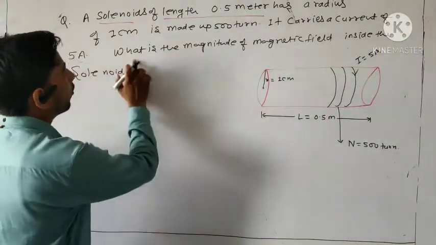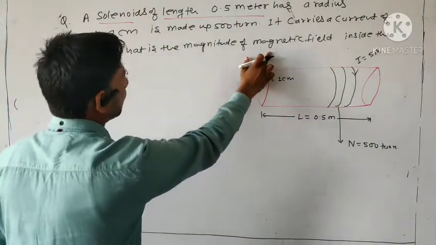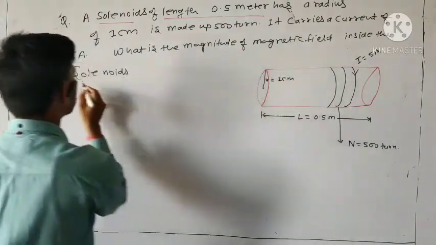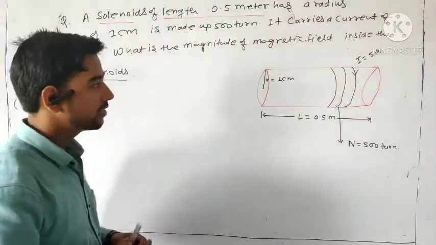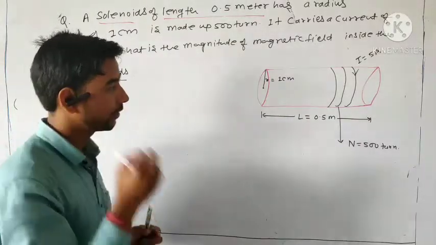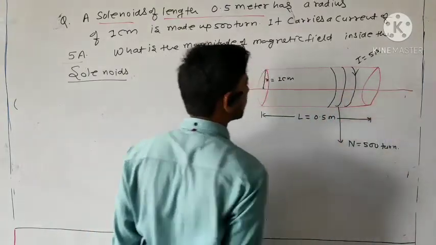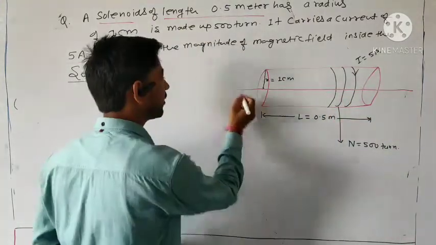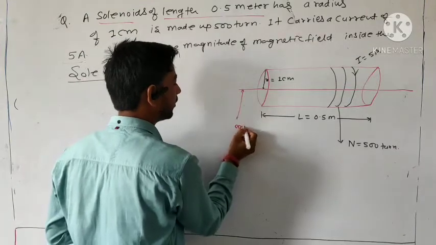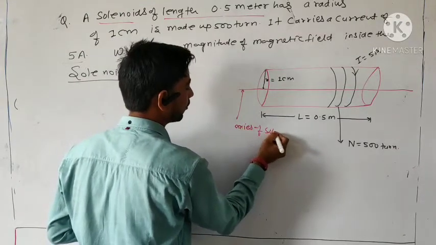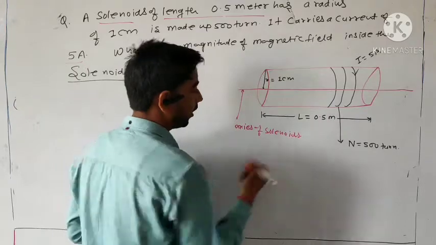Okay. Then what is the magnetic field? The magnitude of the magnetic field inside a solenoid, we have to find. Suppose this one is, I have told you in the previous lecture, the axis of the solenoid.